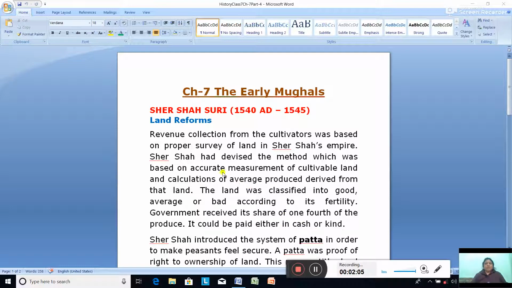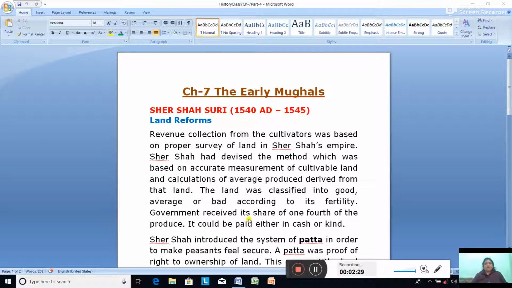So you see here, Shah had devised a method based on accurate measurement of cultivable land and calculations of average produce derived from that land. The land was classified into good, average, or bad according to its fertility.